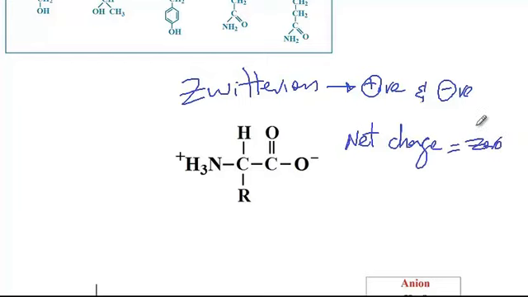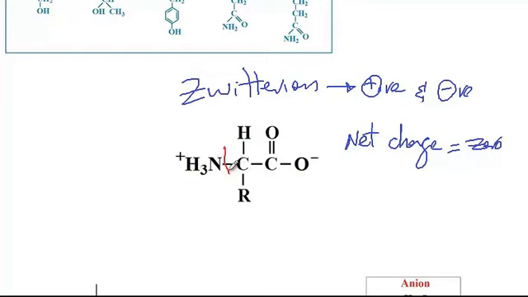With amino acids, there could be an internal transfer of hydrogen from the carboxylic acid group to the amino group, as a consequence of which there would be a COO negative and an NH3 plus group in this amino acid. So this is an example of a zwitterion, where there is both negative charge and positive charge within the same molecule, but the net charge is equal to 0.